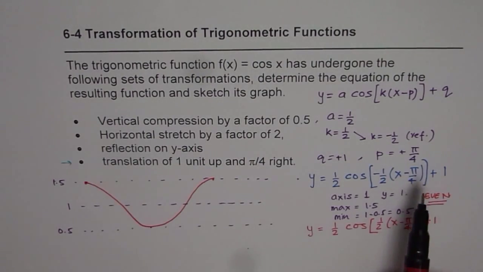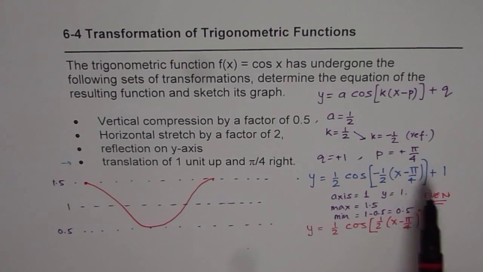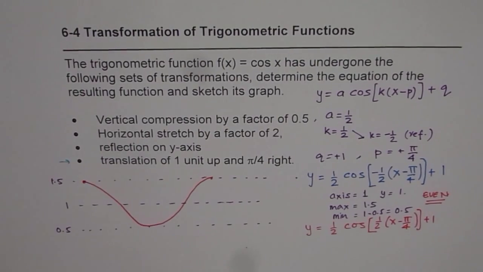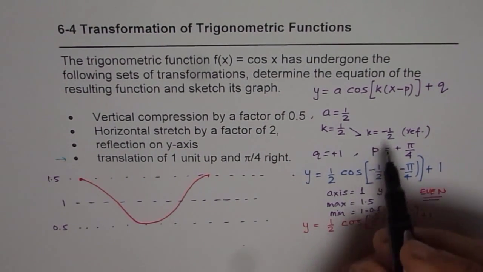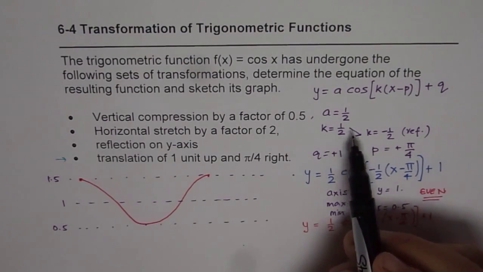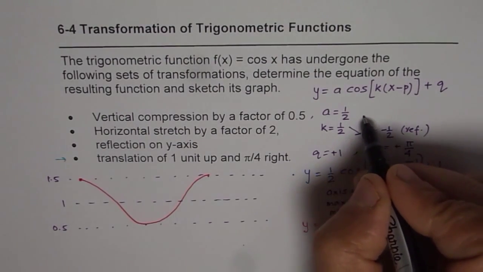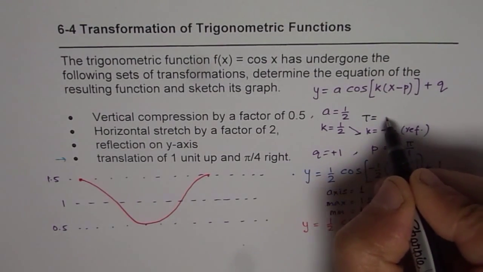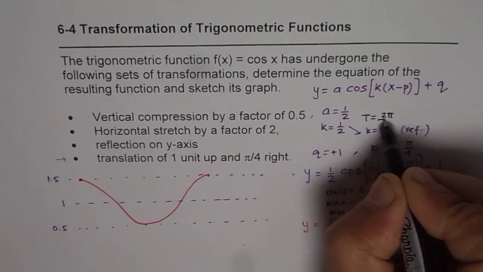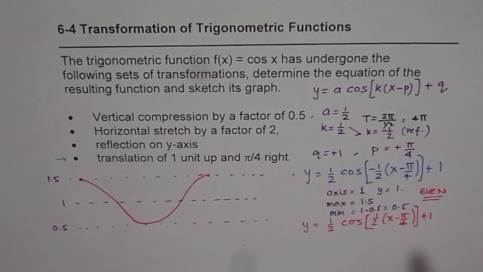Anyway. Now, moving pi by 4 to the right, and the time period, let me also write down the time period so that there is no confusion about it. Since k value is half, it is horizontally stretched by a factor of 2, so that also means that the time period T will be 2 pi by half, which is 4 pi. Do you see? Time period is 4 pi for us.